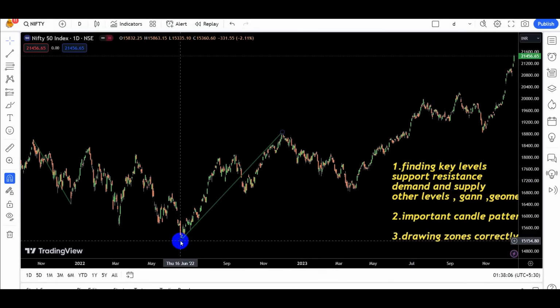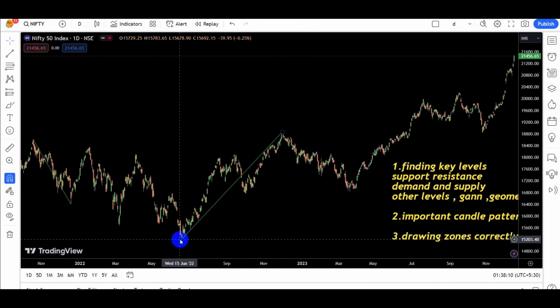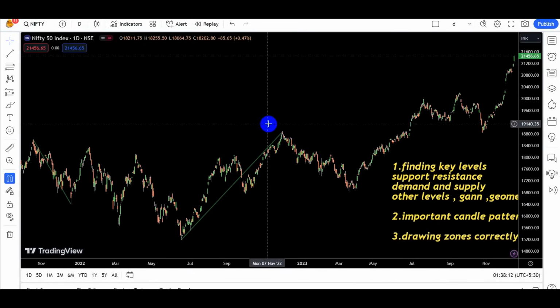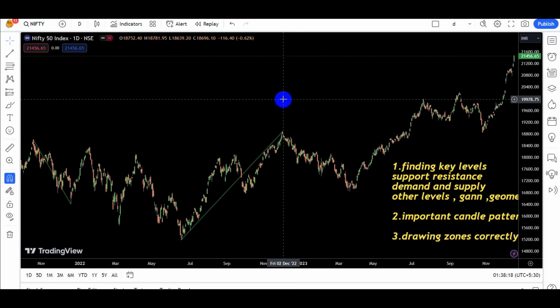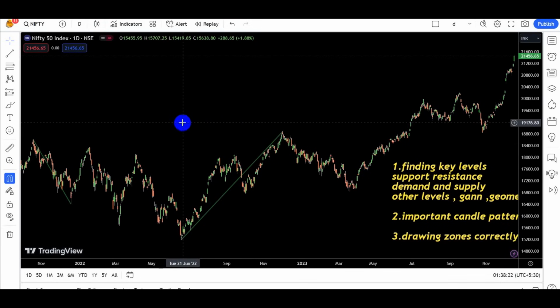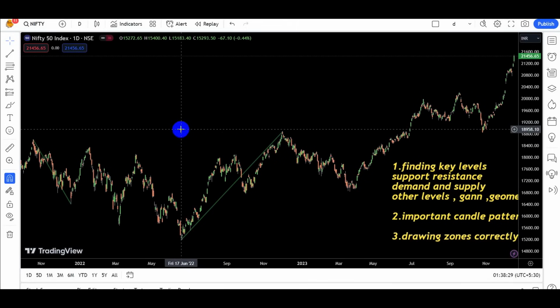You have to take the low and high of any high and low and see that as one big candle. Let's say from this low to this high, around December 22, and this low is 17th June. So from here to here, let's consider this as one big candle.